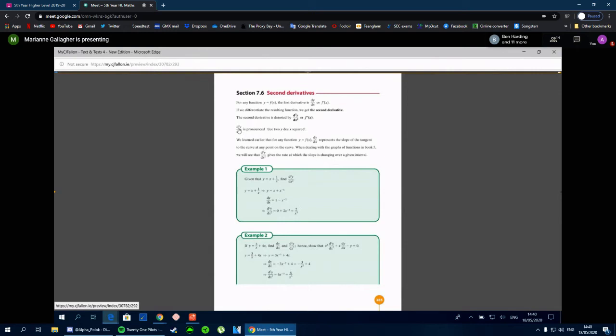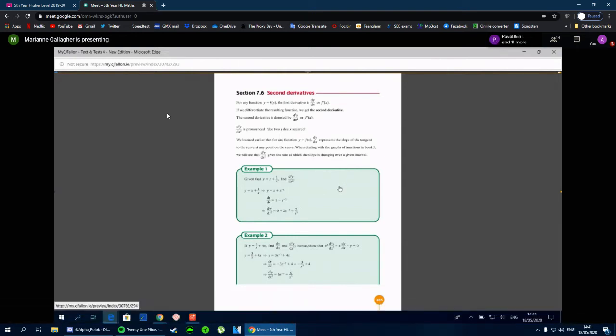And how we pronounce that, it's d2y dx squared. Okay, and dy dx is the slope of the tangent, so d2y dx squared is the rate of change of the slope. Okay, so it's the rate at which the slope is changed. And in the real world, dy dx would be the speed, d2y dx squared would be the acceleration.